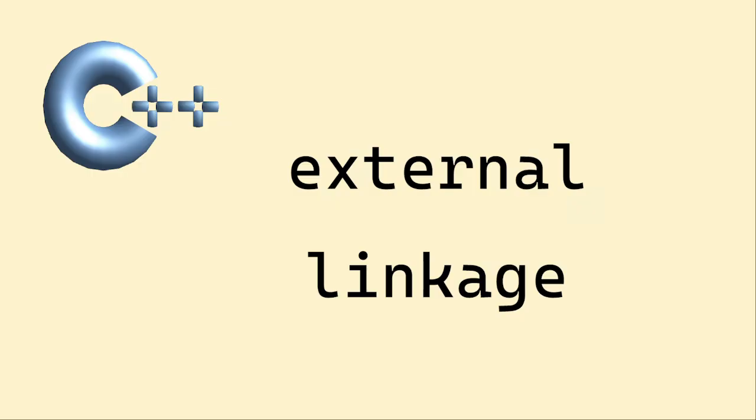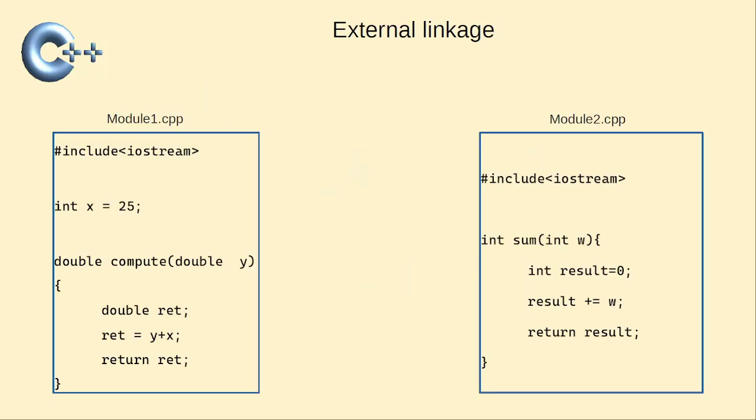If a variable defined in one translation unit is accessible from another translation unit, then we say that the variable has external linkage. Suppose we have two source files, two CPP files: module1.cpp shown on the left side, module2.cpp shown on the right side.